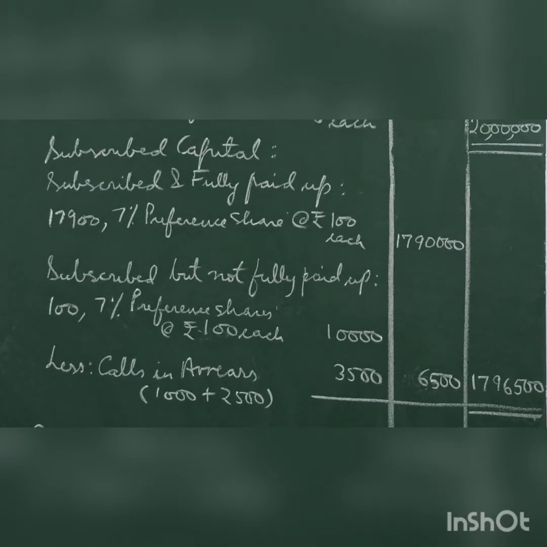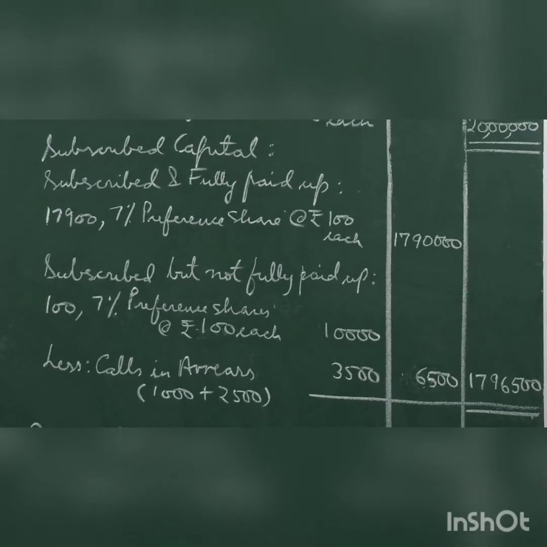So the company was supposed to receive 10,000 rupees on 100 shares, but unpaid amount or calls in arrears being 3,500, the company has received 6,500, which we add to 17,90,000 gives you share capital of 17,96,500, which you may now write in the balance sheet in front of share capital, note number 1.